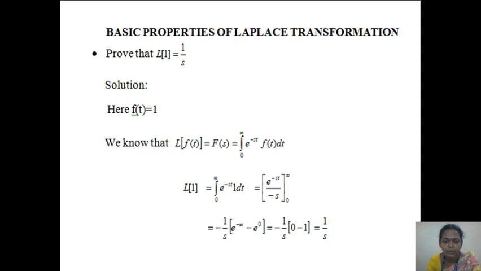So already we know that e power minus infinity value is 0 and e power 0 value is 1. We get minus 1 by s into 0 minus 1 is equal to 1 divided by s, that is L of 1 equal to 1 by s.